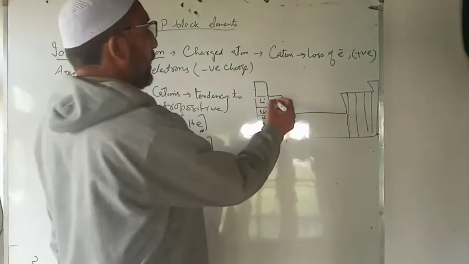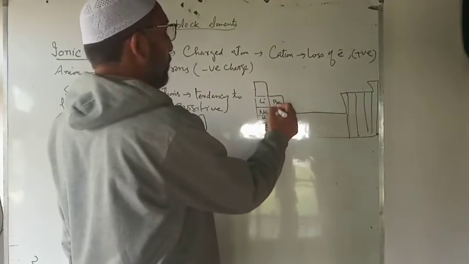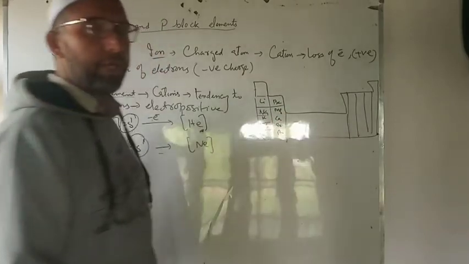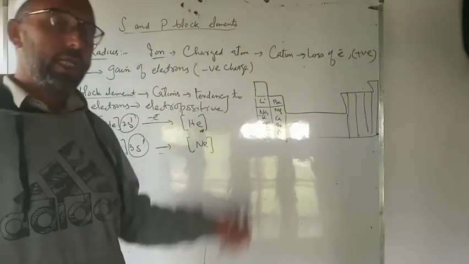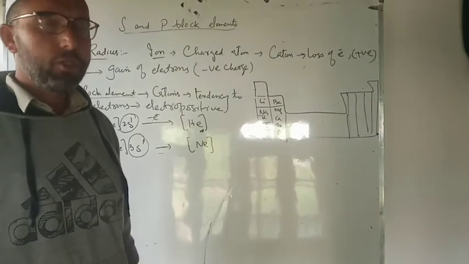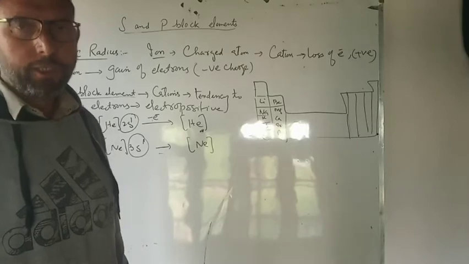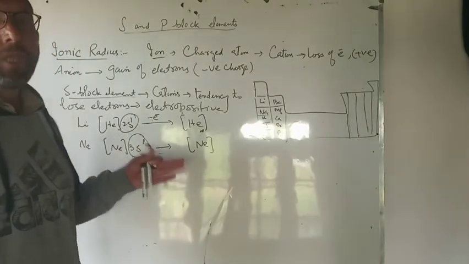The same is the case with beryllium, magnesium, calcium, strontium, barium, radium. These elements have 2 electrons in their outermost shell, so they will lose 2 electrons and attain the stable electronic configuration.